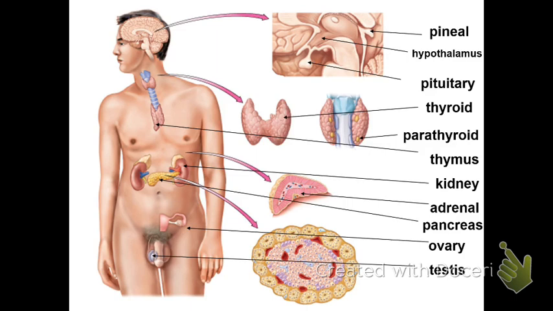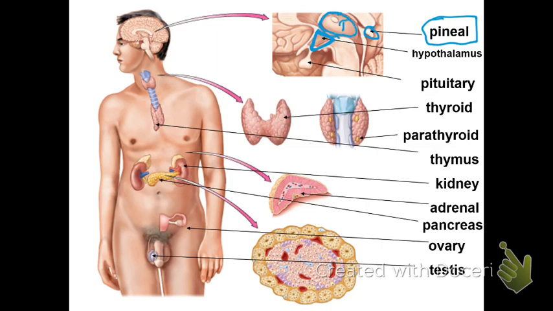So in the brain, there's the pineal gland. The pineal gland is in the shape of a pine cone, and so it has that name, pineal gland. There's also the hypothalamus. That's a region that you saw in the brain anatomy last week. That's underneath the thalamus. So here's the thalamus.